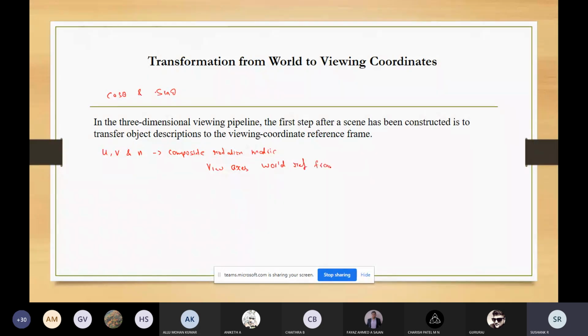So we are not talking about cos and sine theta. We are talking about the UVN vectors, which form a composite rotation matrix that aligns the view axes with the world reference frame, like we had studied. So X view, Y view, and Z view axes should be aligned with XW, YW, ZW.